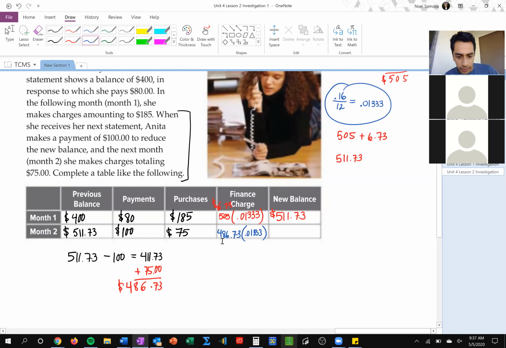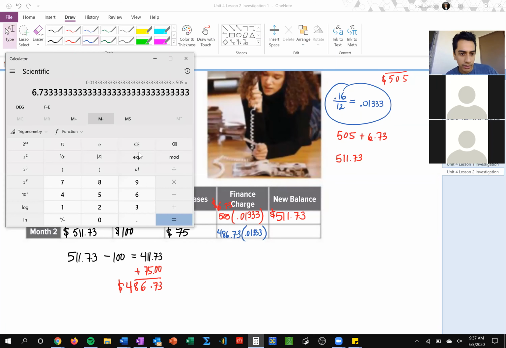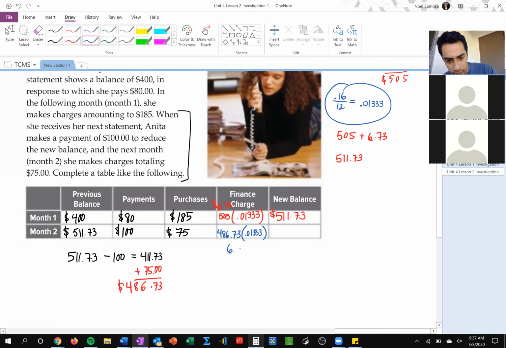Okay, so let's find out how much interest she's going to have to pay on this balance. So we've got $486.73 times 0.01333. Okay, so it looks like she's going to have to pay $6.49. All right.